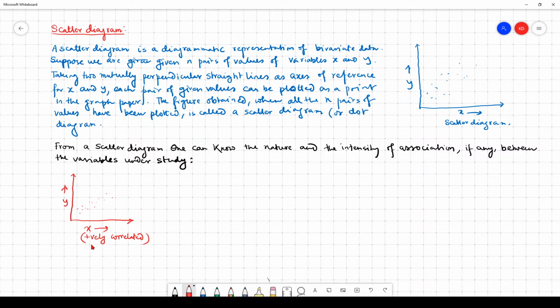Similarly, as x increases, y decreases, then this means x and y are negatively correlated.